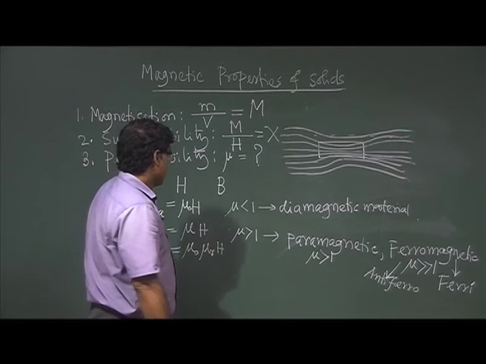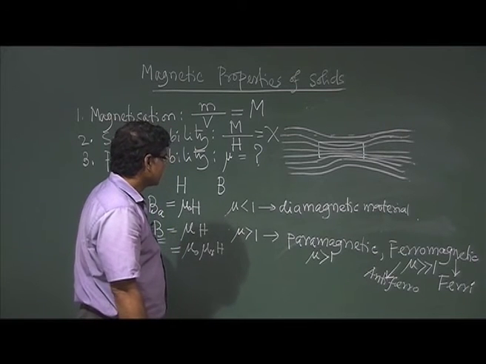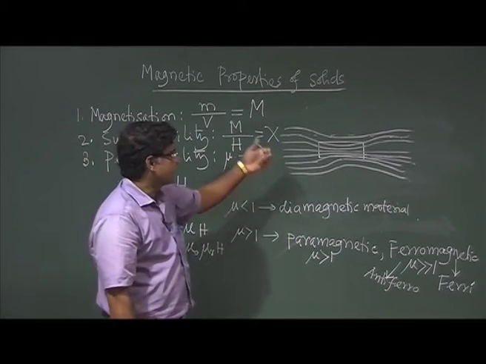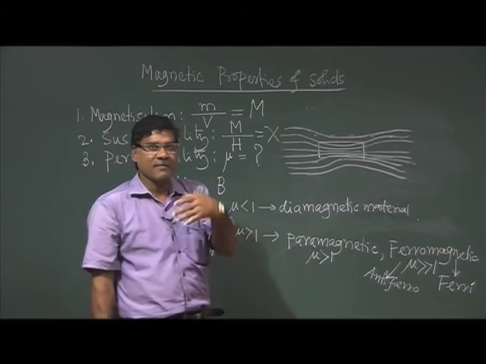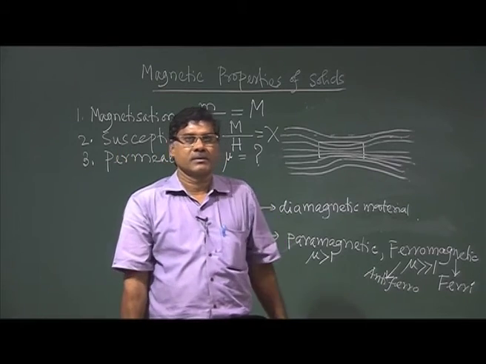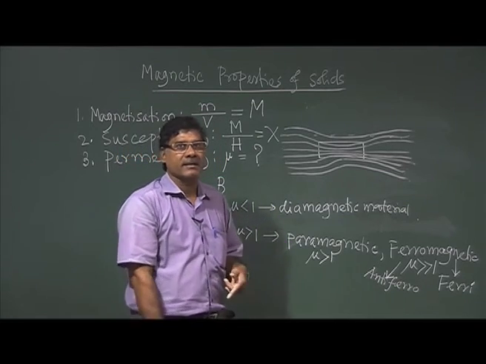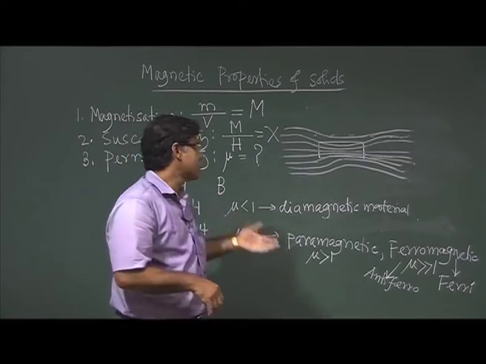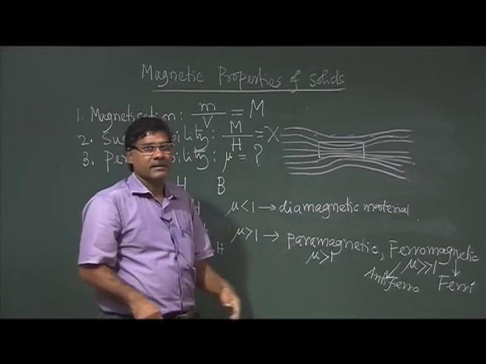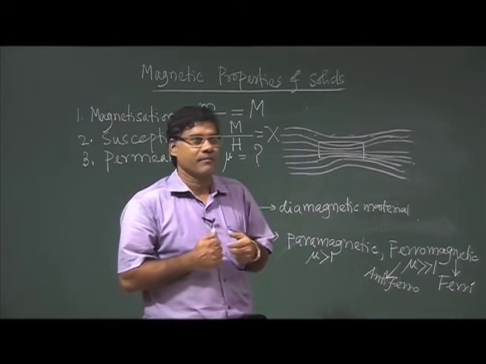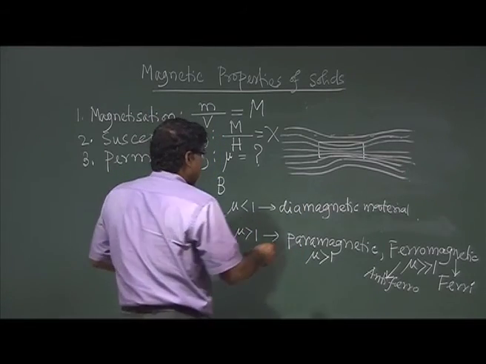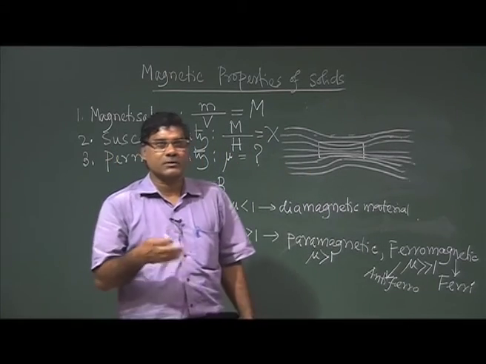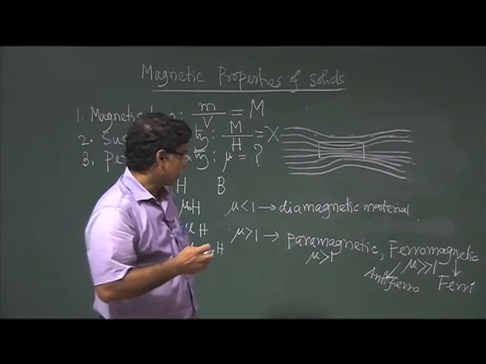Okay. So, as I told, magnetic material has two types of dipole moment. One is induced dipole moment, another is permanent dipole moment, and that is the origin of this magnetization. Okay. That is the origin of the magnetism. So, which material shows this diamagnetic property?